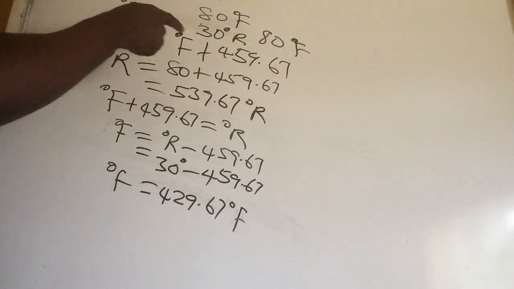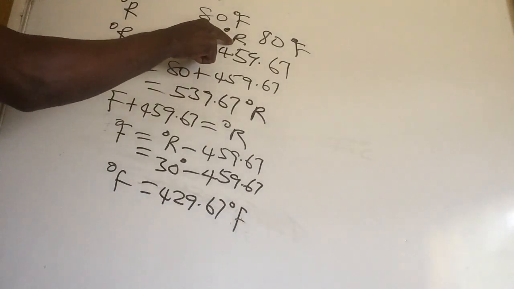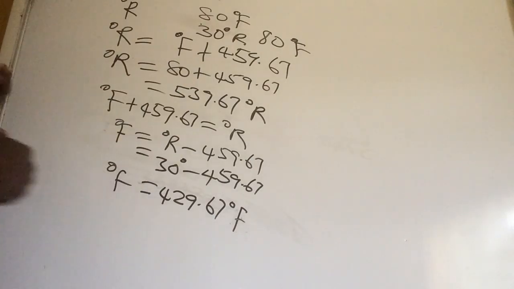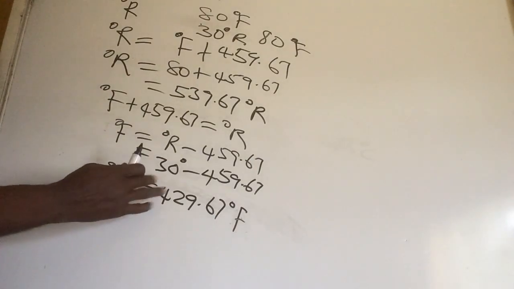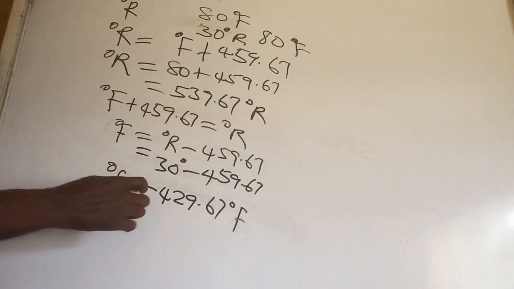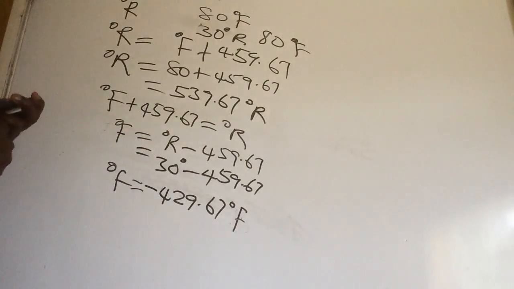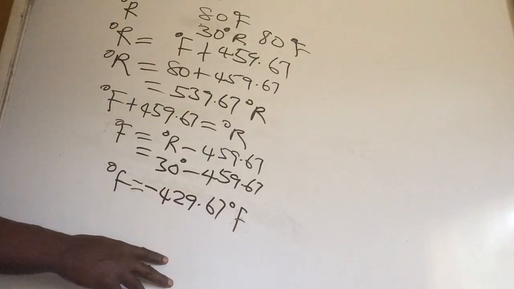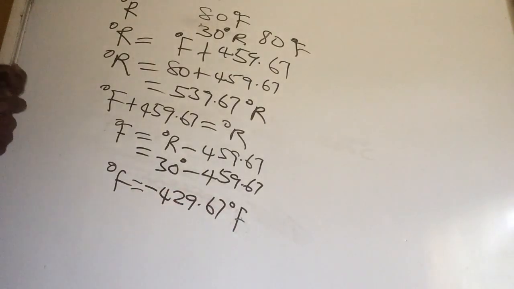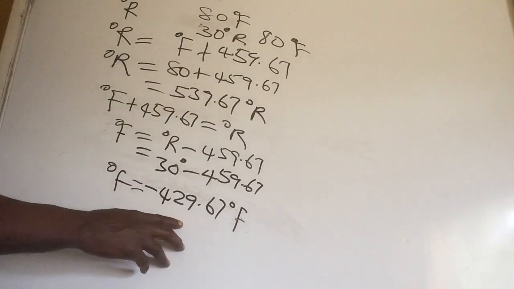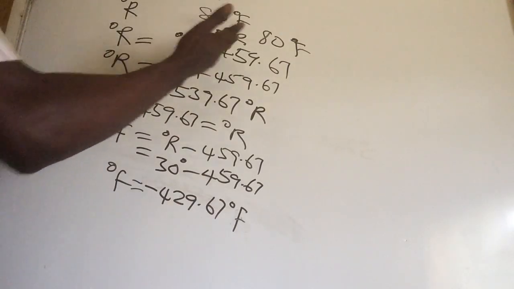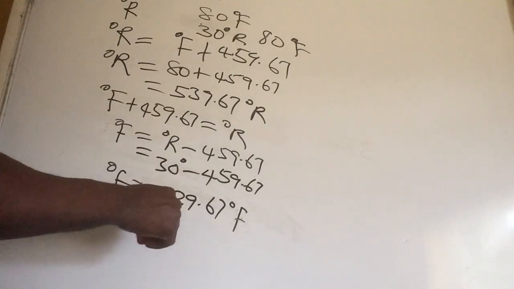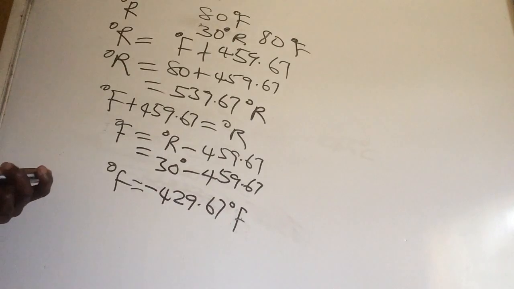So the value of 30 Rankine in Fahrenheit is minus 429.67. The value is negative. So if you want to convert 30 Rankine to Fahrenheit, it will give you minus 429.67 Fahrenheit.